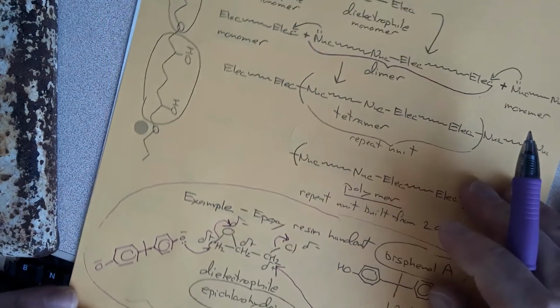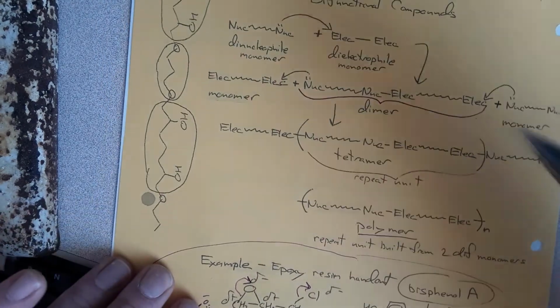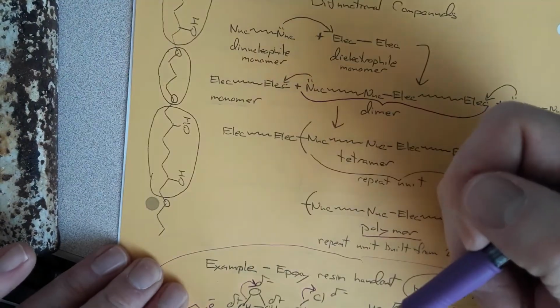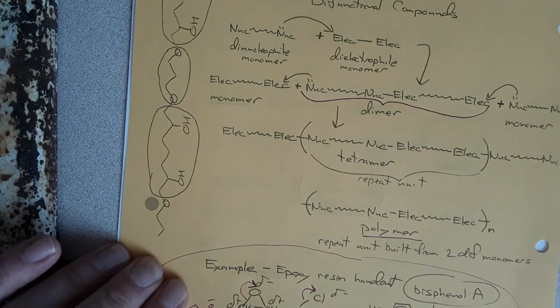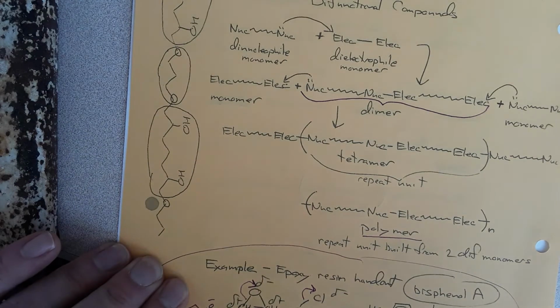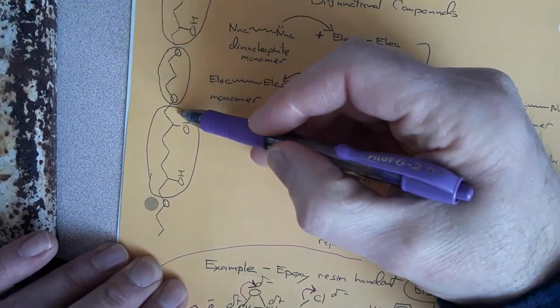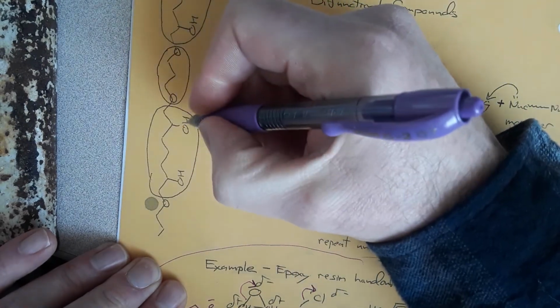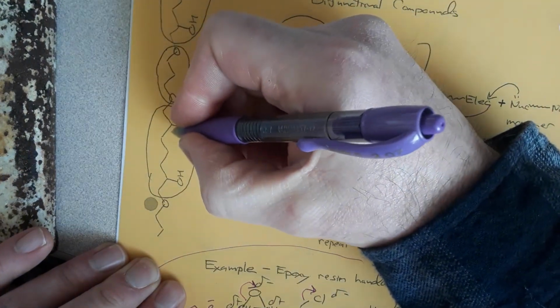Up here on the side of your handout, I have drawn a fragment of a polymer, and I have identified the different parts of the polymer. And this should look familiar to you because we've talked about reactions of epoxides and what the products look like.